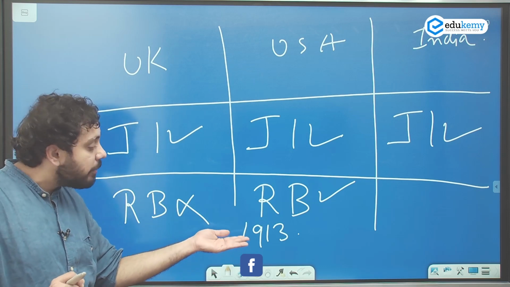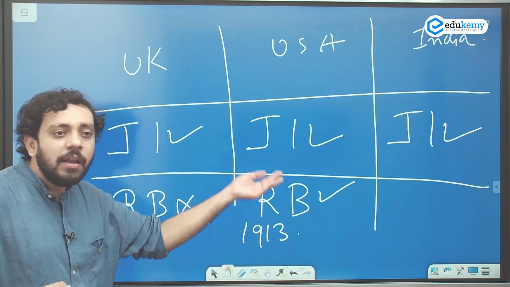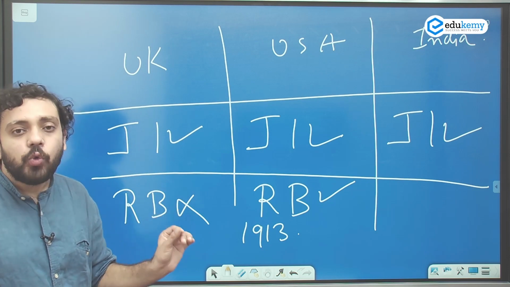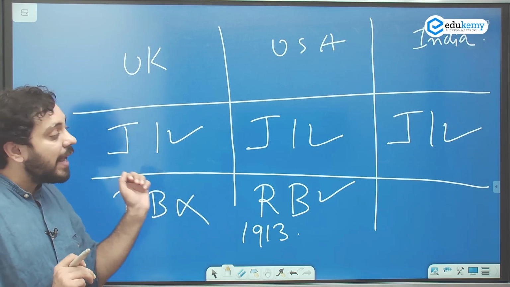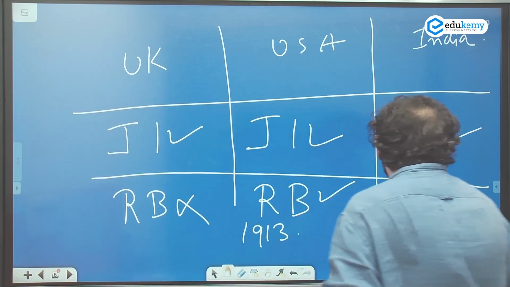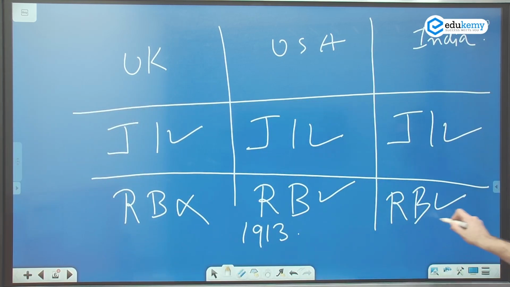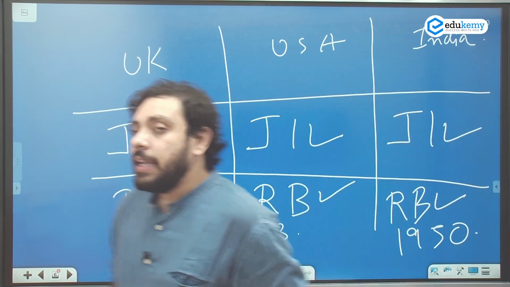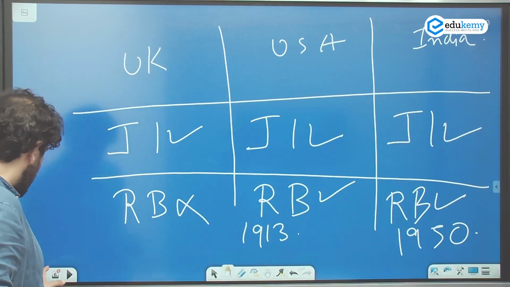Therefore an amendment was brought in 1913 to populate the Senate through election. This is what we know as the Senate of the United States of America. Now, in the Indian polity, you are all aware that there is a very clear representational body in the Council of States, the Rajya Sabha, which has been instituted since the inception of the Constitution itself.